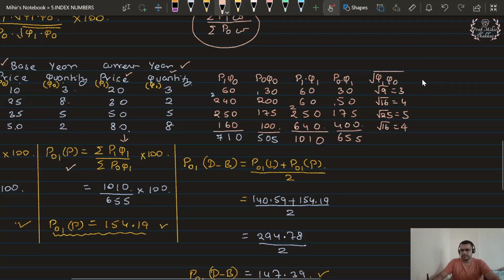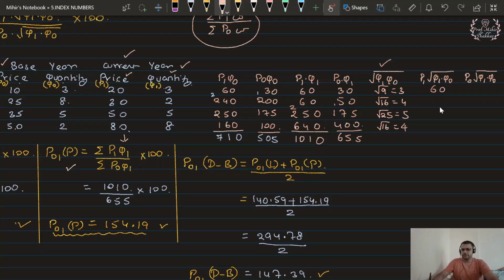So for the numerator I will make a column P1 under root of Q1 into Q0. For the denominator I make a column P0 under root of Q1 Q0. When I multiply P1 and under root Q1 Q0, carefully, 20 into 3 comes to be 60.